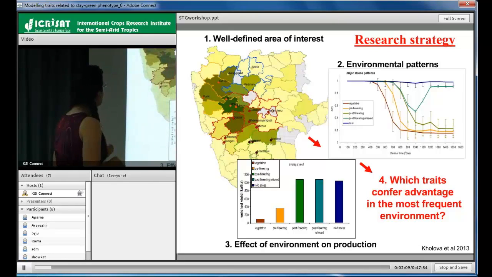This area has a lot of characteristics, but definitely it is not uniform. So the first of our exercises was to partition this whole area into somewhat more homogeneous places, highlighted here, for example, in red or in yellow borders.